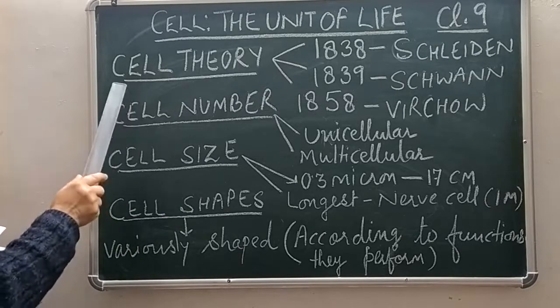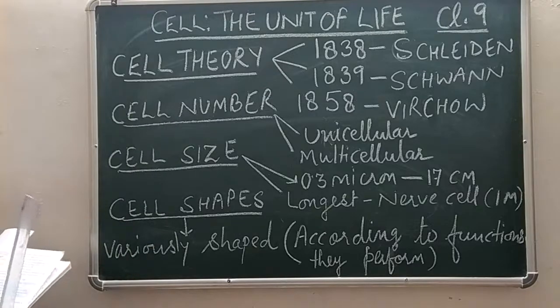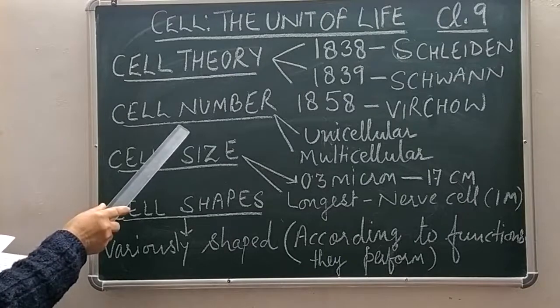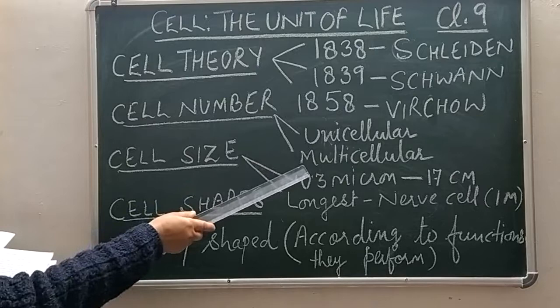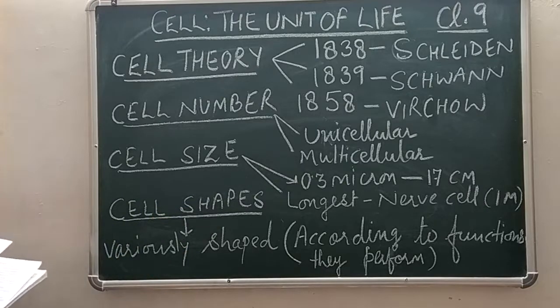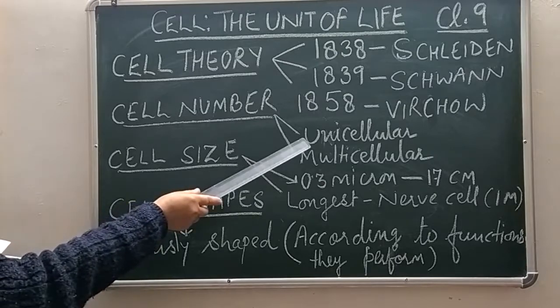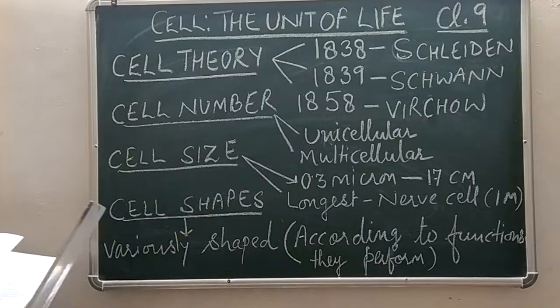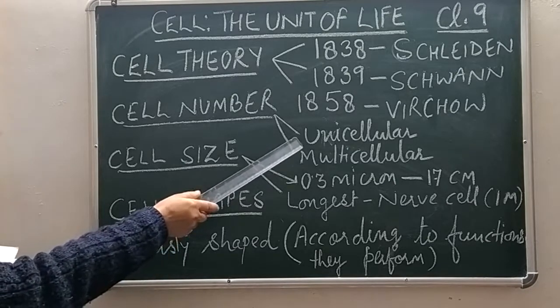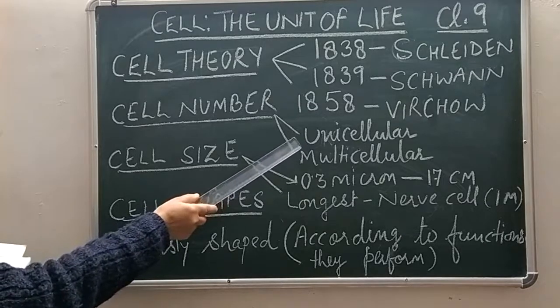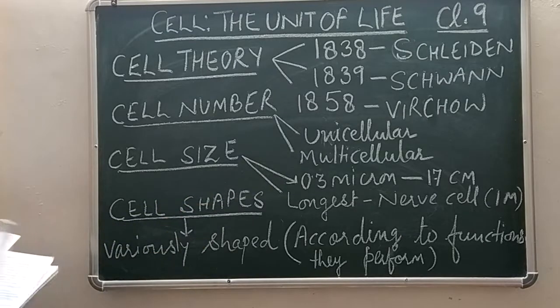Now coming to cell number. That means how many cells are present in an organism. As you can see, there are two main terms, unicellular and multicellular. Living organisms may be composed of only one cell, like amoeba, paramecium, bacteria, yeast. They all are made up of one cell, so they are known as unicellular organisms.